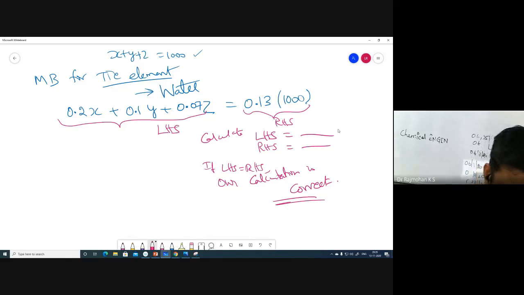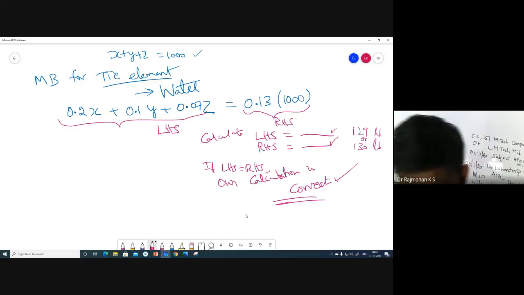Okay, so you should be getting around 130 lb on both sides. Okay, left hand side and right hand side, you will get around 129 or 130 pounds. So that will make our problem correct. Okay.